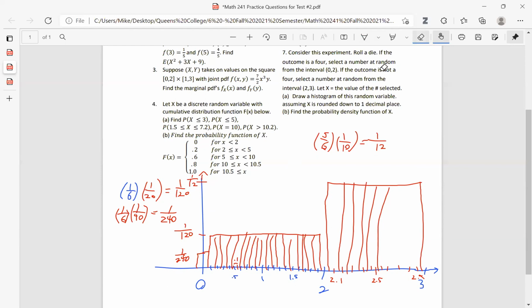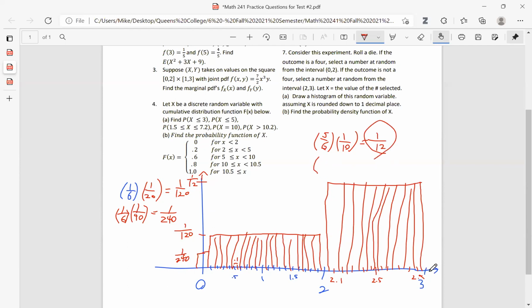I'm just drawing vertical lines here, one in between each one, to represent the probability of each of those bars. Now, what is the probability that you would round to 2? There's a 1 over 240 chance you would round up to 2, and the 1/12 here is for one of these 1/10s.